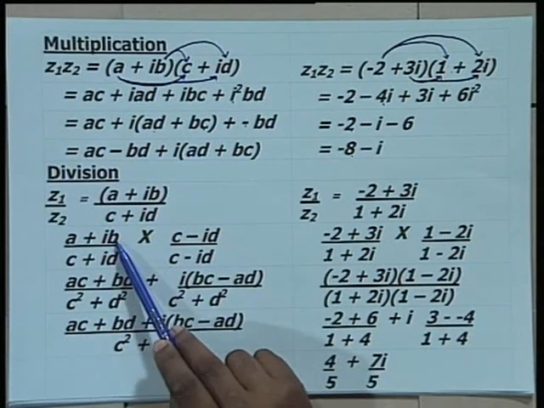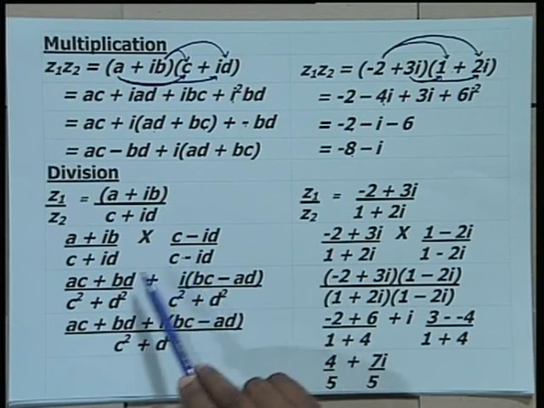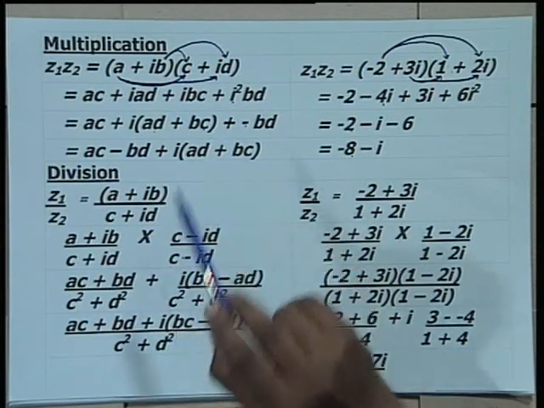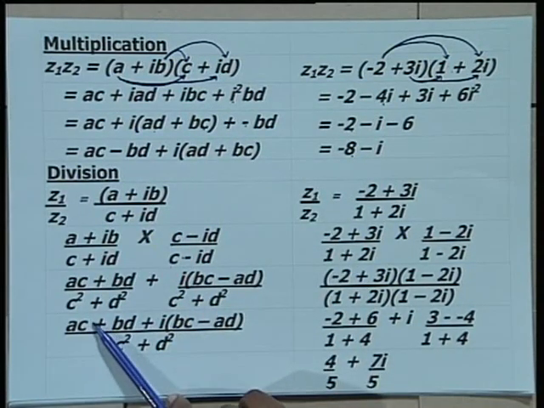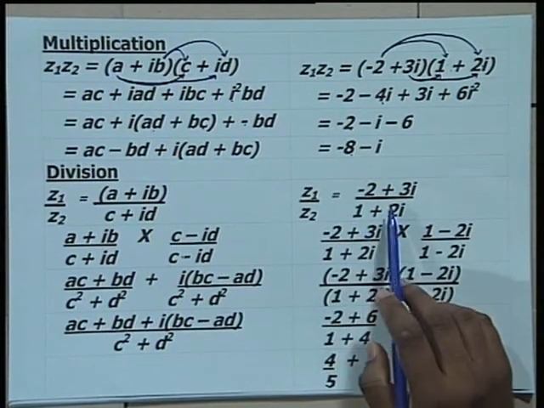So we multiply the numerator and the denominator by the conjugate of the denominator, and we multiply as shown above, so that we obtain the following: (ac plus bd plus i(bc minus ad)) over c squared plus d squared. Let's illustrate that by an example.